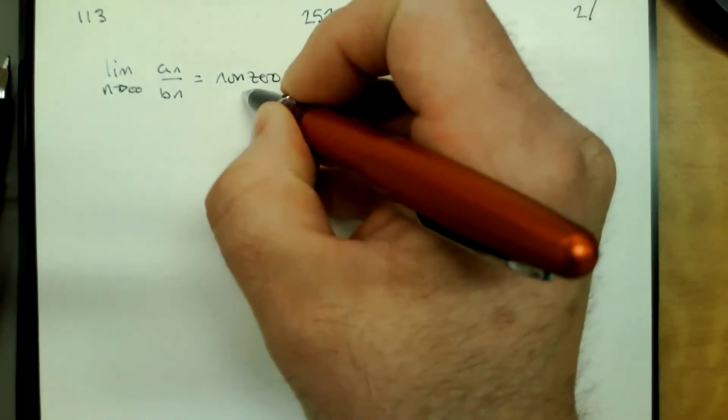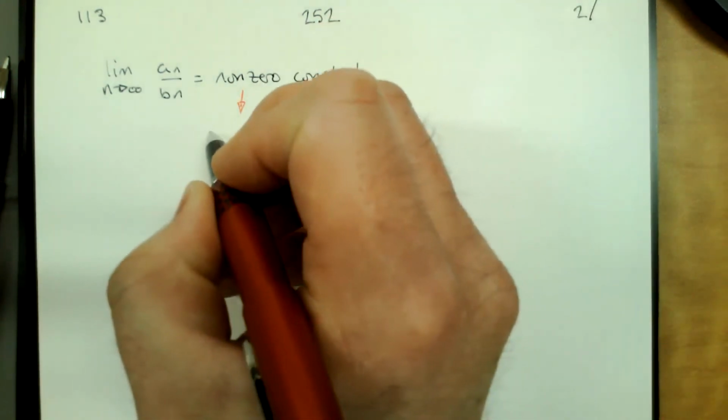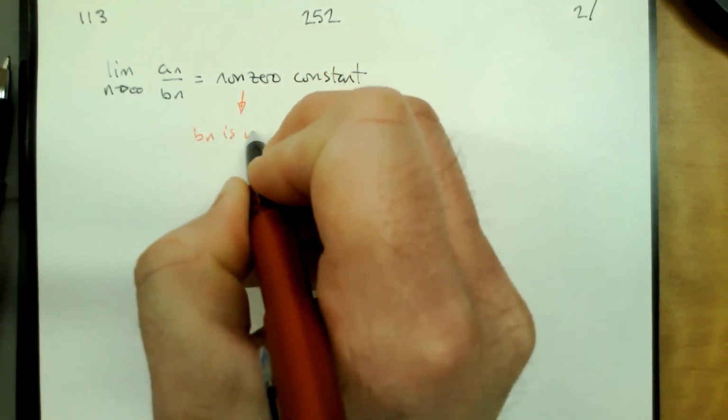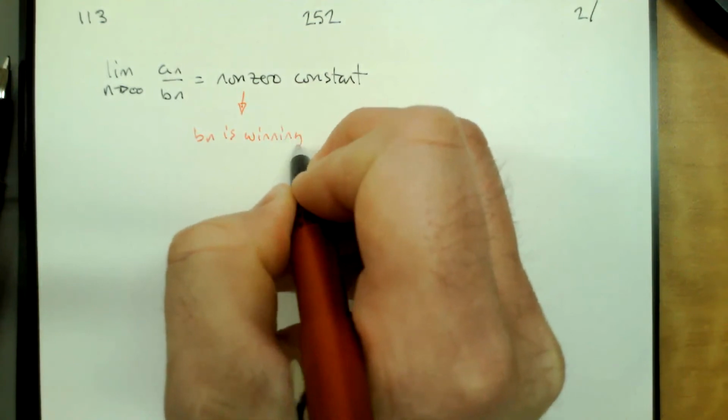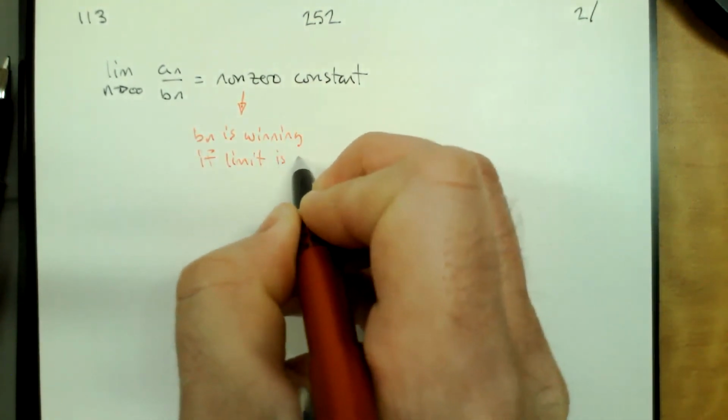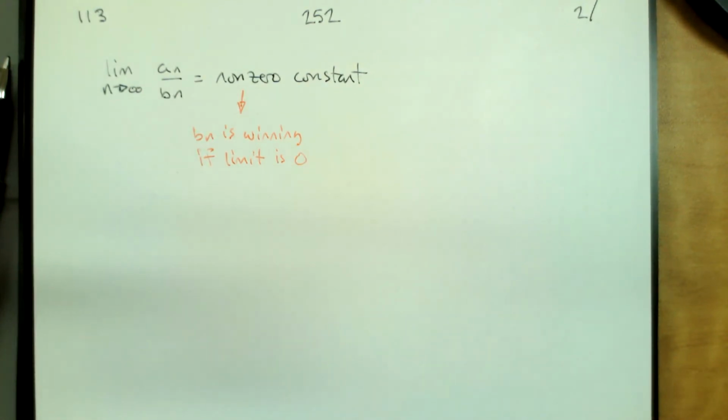So that would mean b_n is not behaving like a_n. b_n is winning. And by saying it's a non-zero constant, that's just ruling out the infinite.